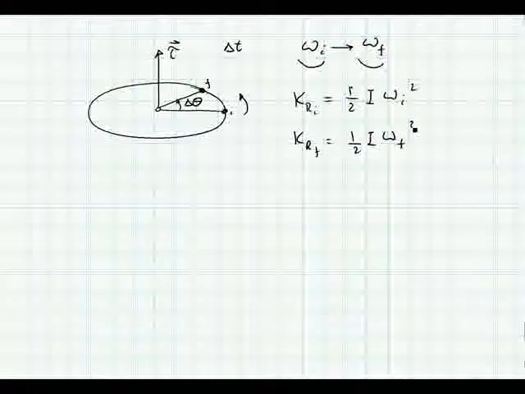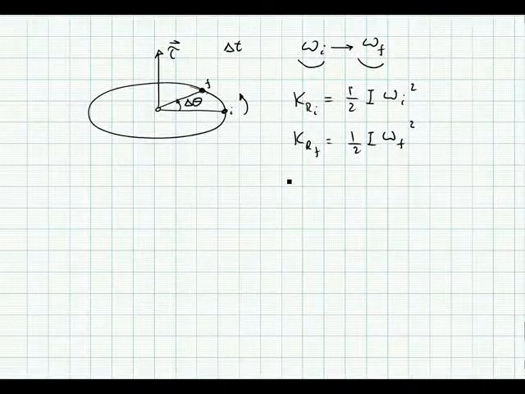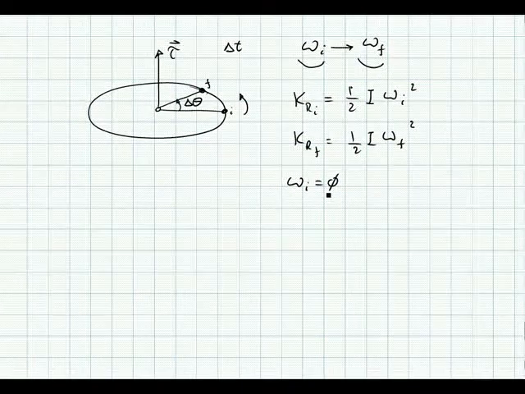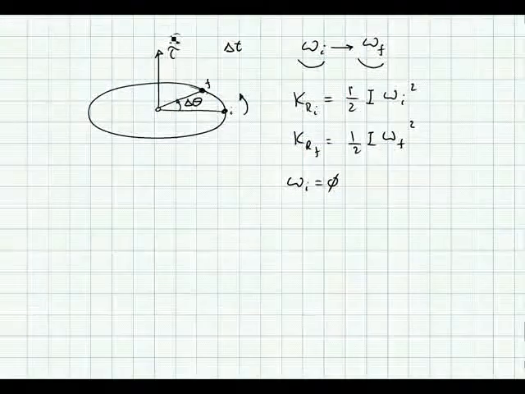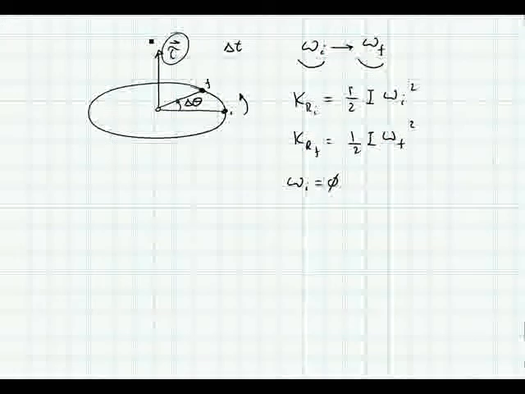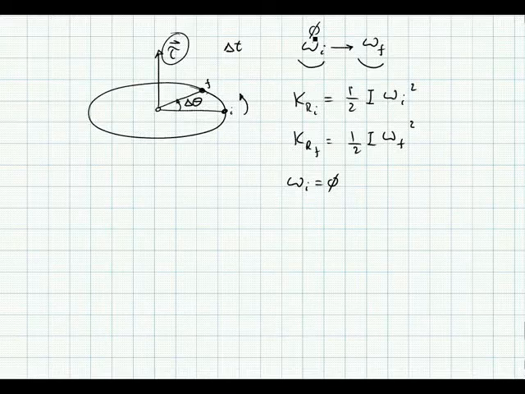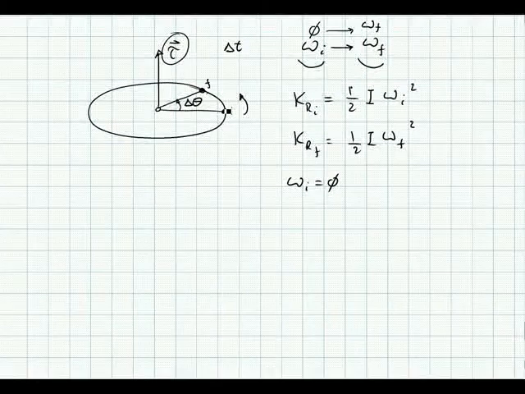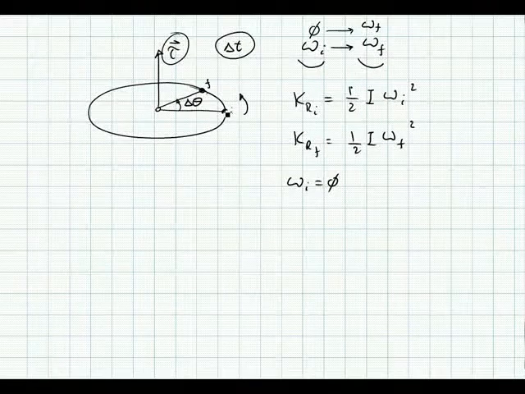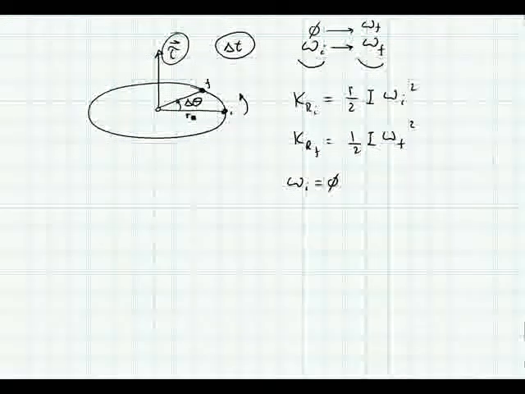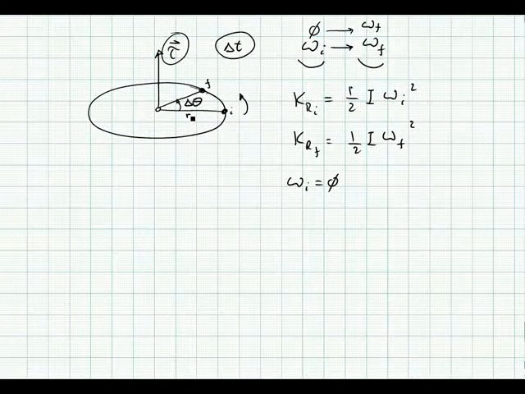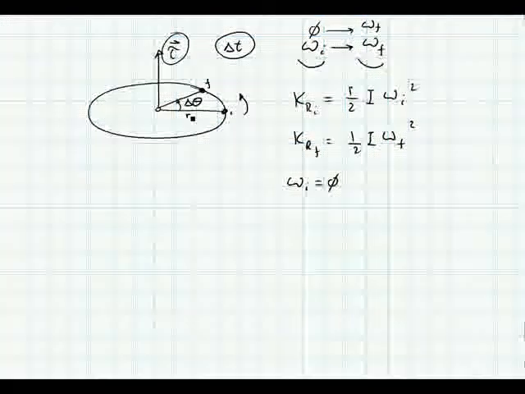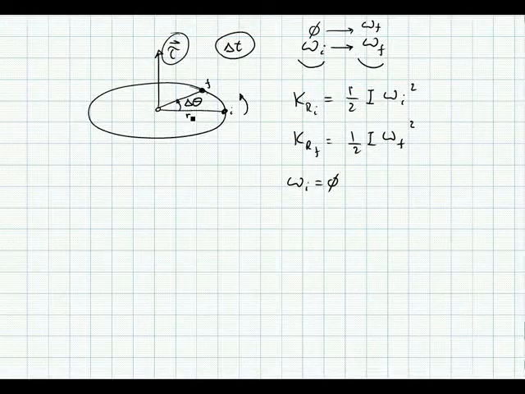For the sake of simplicity, if we assume omega initial to be 0, so we have a disk which is stationary, and we apply a torque to it, it starts from 0 angular velocity and goes to some final value, and during that time delta t, any position on the disk undergoes an angular displacement of delta theta.